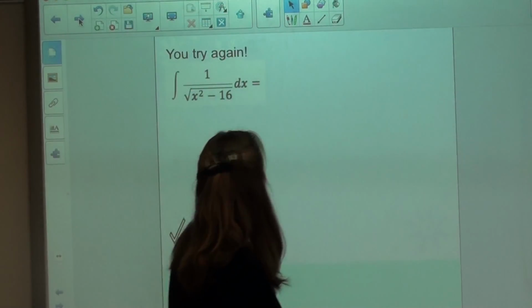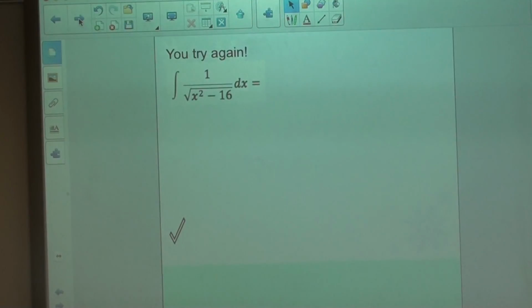Okay, all right, good. 1 over square root of x squared minus 16. Well, there's this one, there's another one, and then there's a BC free response practice problem. We'll have plenty of time because we still have a half hour after lunch and you have no homework questions, right? Class is not done just because we go to lunch, right?